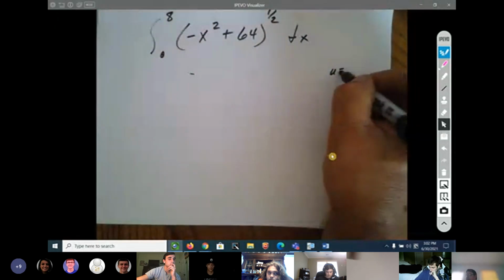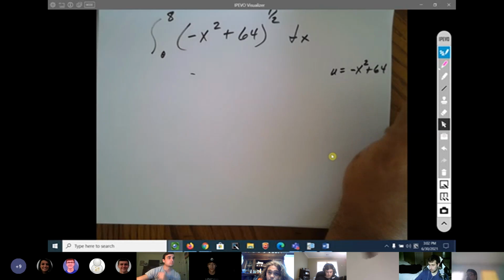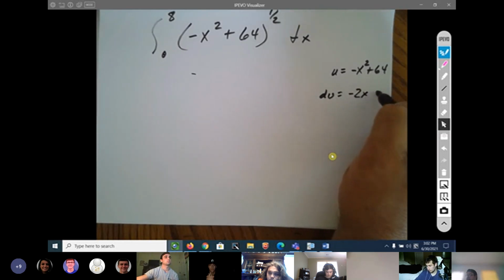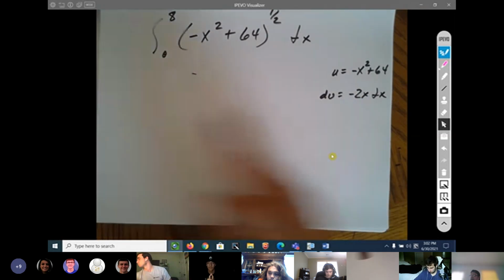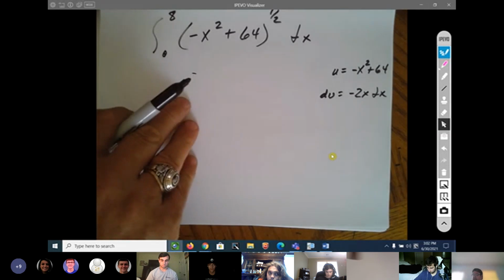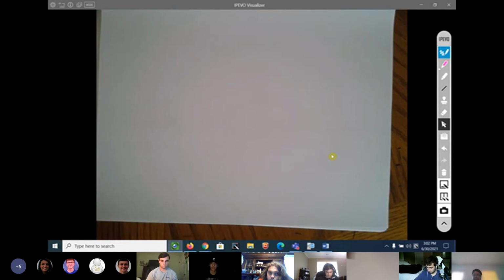U is equal to negative x squared plus 64. Du is equal to negative 2x dx. So I'd have to multiply. No, can't do it. Have to use more advanced methods to do that with calculus.